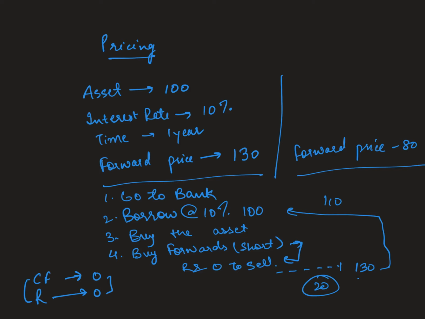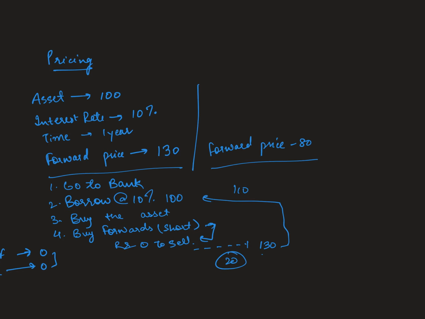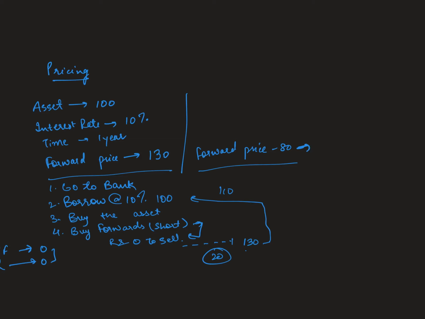Okay, and what would have happened if the forward price was 80? So now your asset is 100 and your forward price is 80. So again, the investor would buy what is cheaper and sell what is dearer. So one is short the stock. There would be a cash flow of 100.